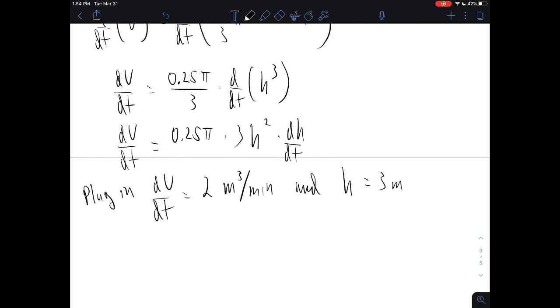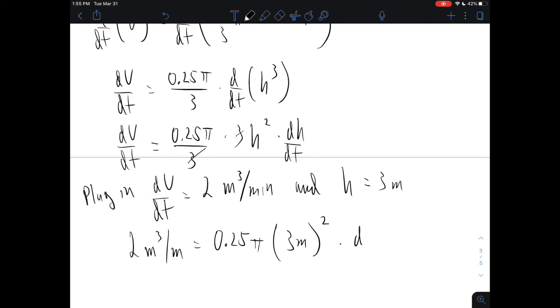So that gives me 2 cubic meters per minute on the left equal to, I can simplify those 3's, 0.25 pi, and then times h, 3 meters squared, times dh/dt.